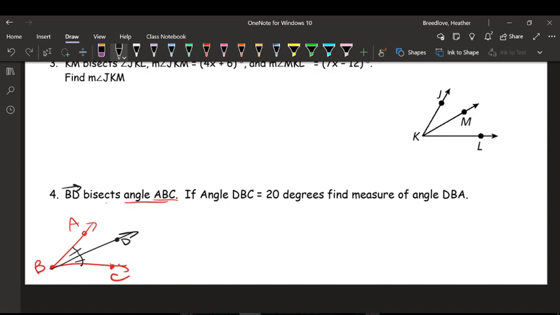If angle DBC is 20 degrees, okay, pausing myself, angle DBC is 20 degrees. DBC right here is 20 degrees. Find the measure of angle DBA. DBA is what I'm looking for. DBA is right here.